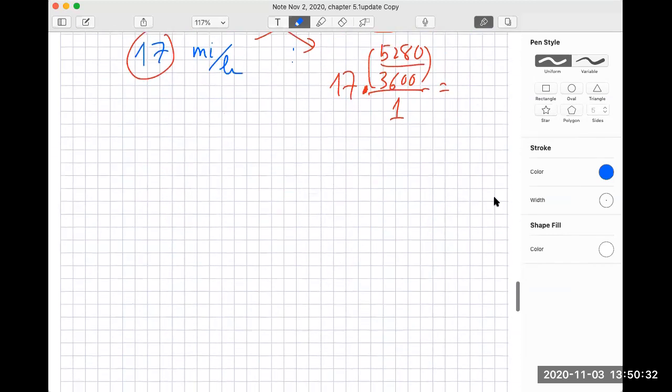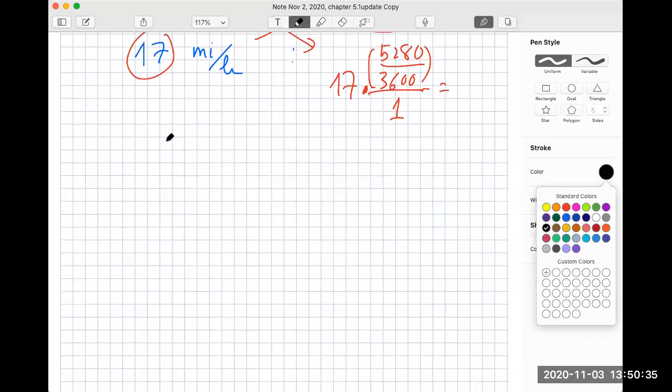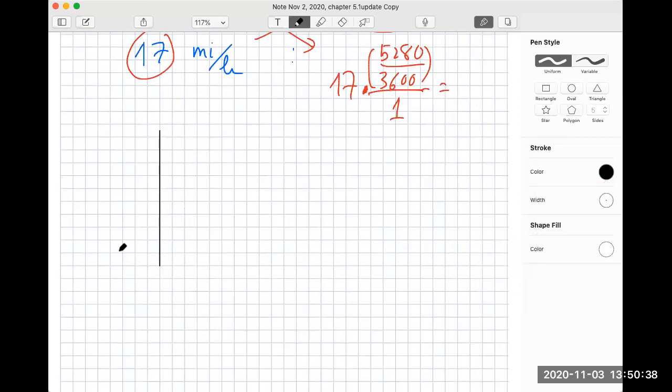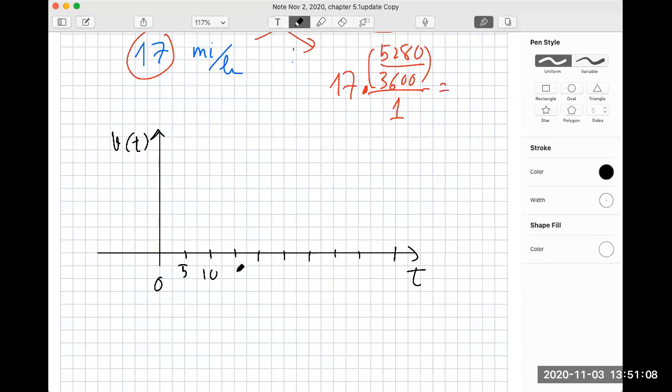So imagine that we have the graph of velocity with respect to time here from 0 to 30 seconds, right? 5, 10, 15, 20, 25, 30.